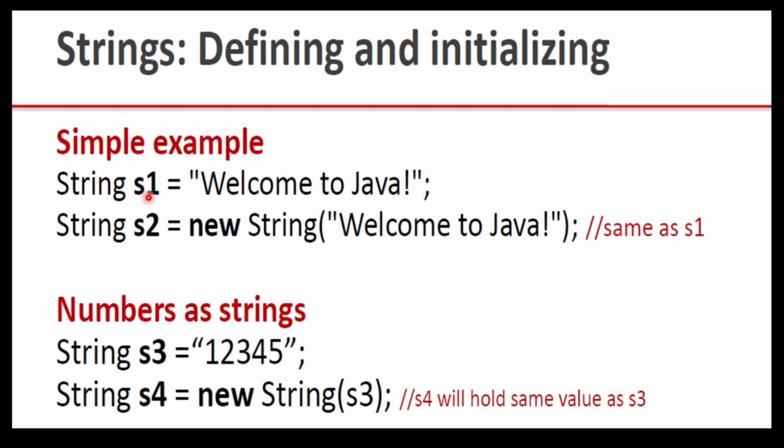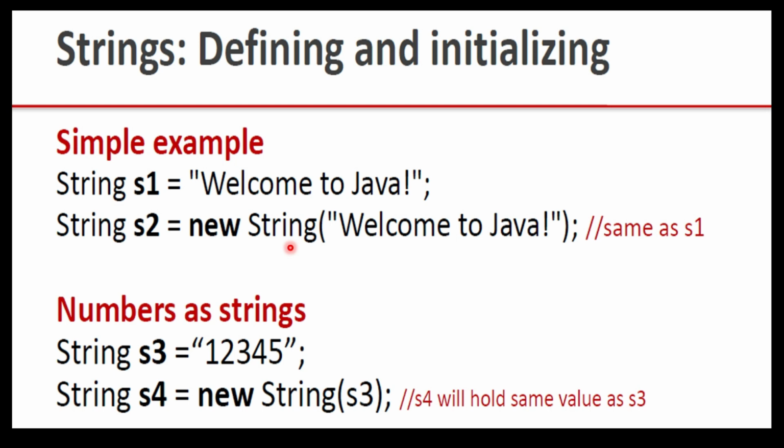String S1 = "welcome to Java". See, String is the variable type and this is the variable name. Then this is your data, the string literal. Now String S2 = new String("...").